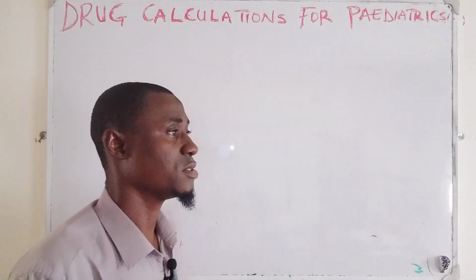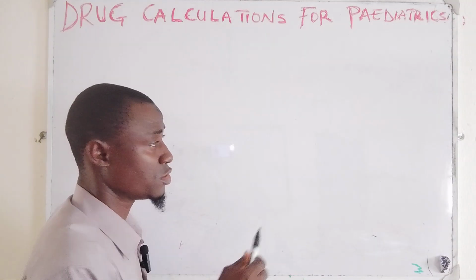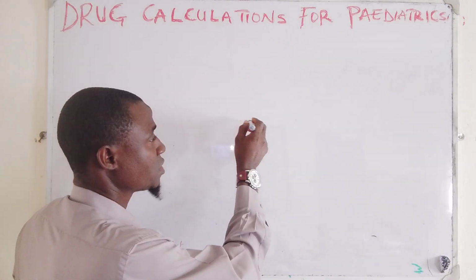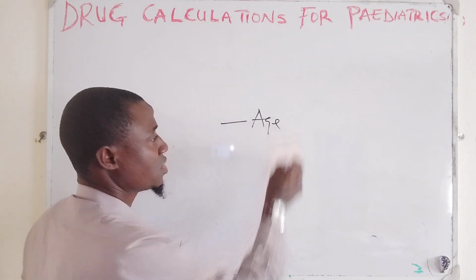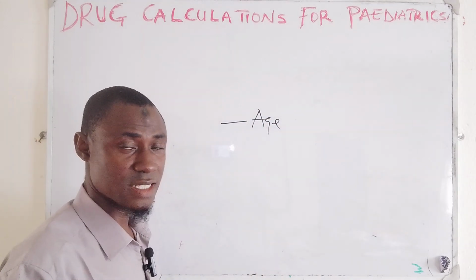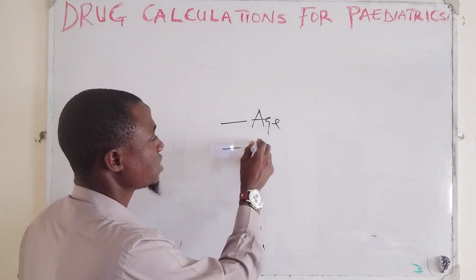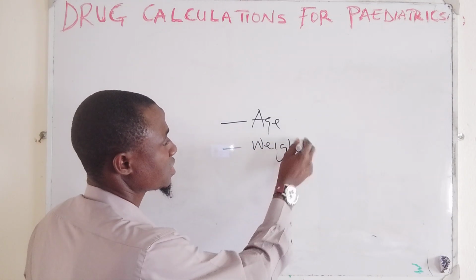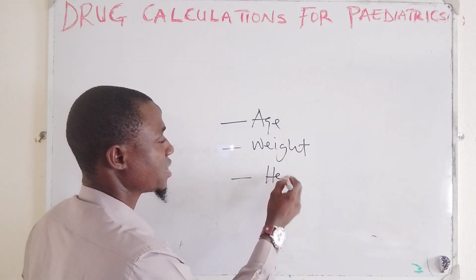The first parameter you can use when calculating the dose of a drug for children is the age. You will need the age of the child to calculate his or her dose. You also need the weight in some cases, while in some cases you will need the height.